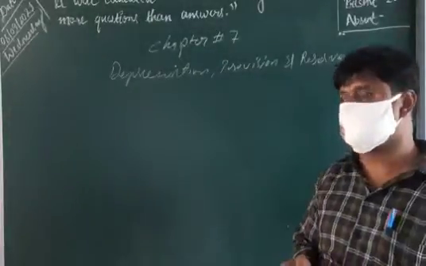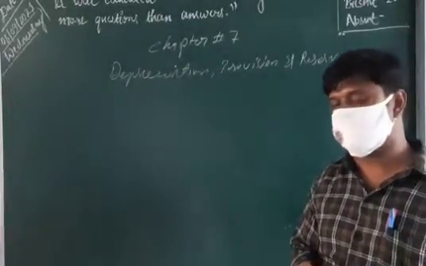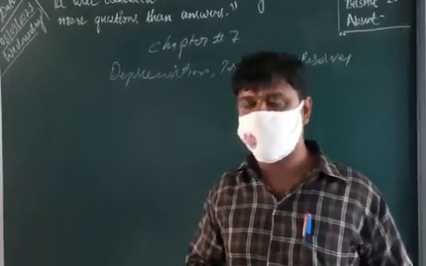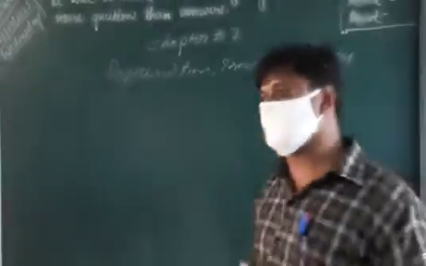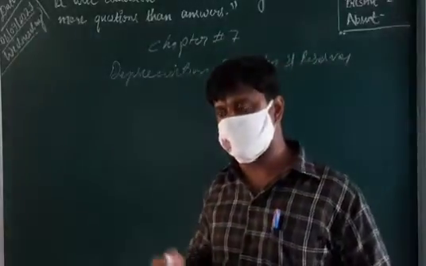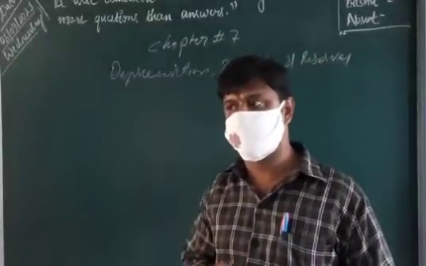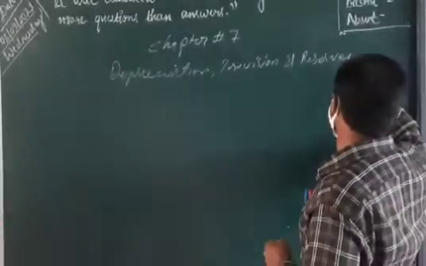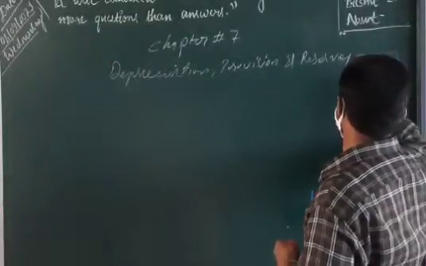First, when we are purchasing the asset, for example, one cycle. When we are purchasing a cycle, how much may be the estimated price of that cycle? 4,000. Okay, we are purchasing one cycle for 4,000 rupees.